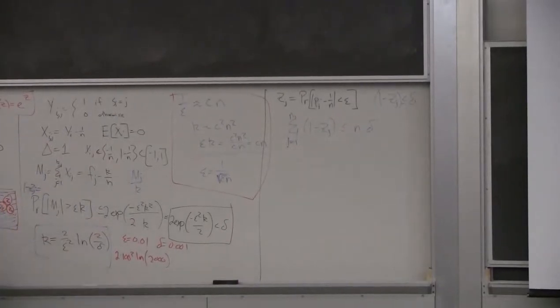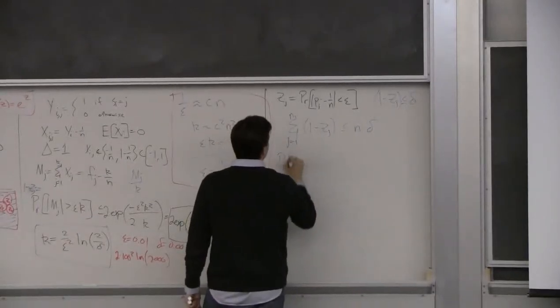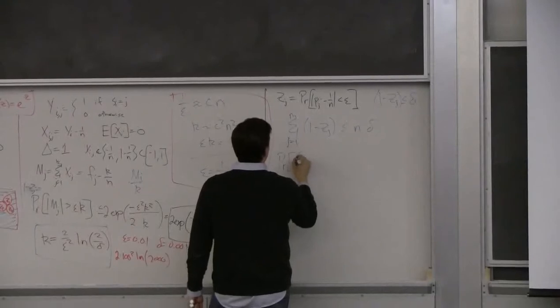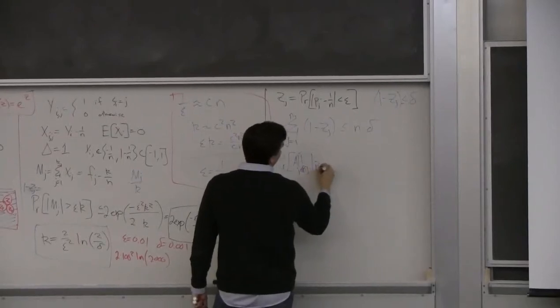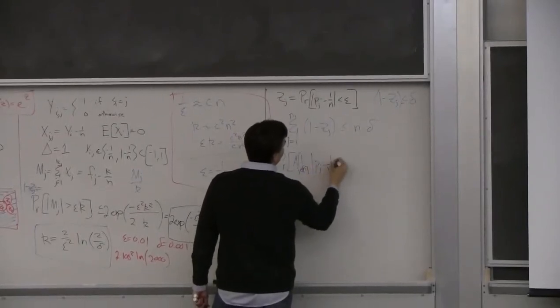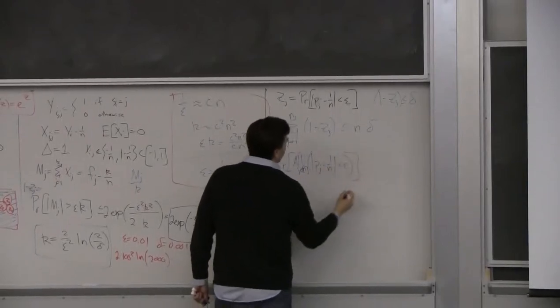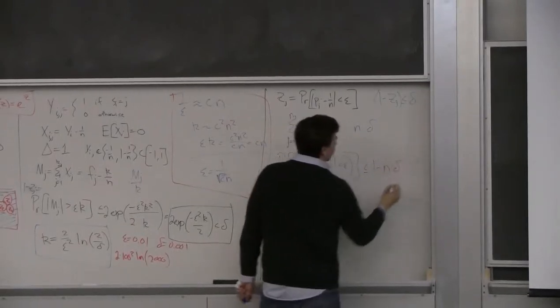So now I can use the union bound to say the probability that, let's say, all j in n of pj minus 1 over n is less than epsilon, is less than 1 minus n times delta.